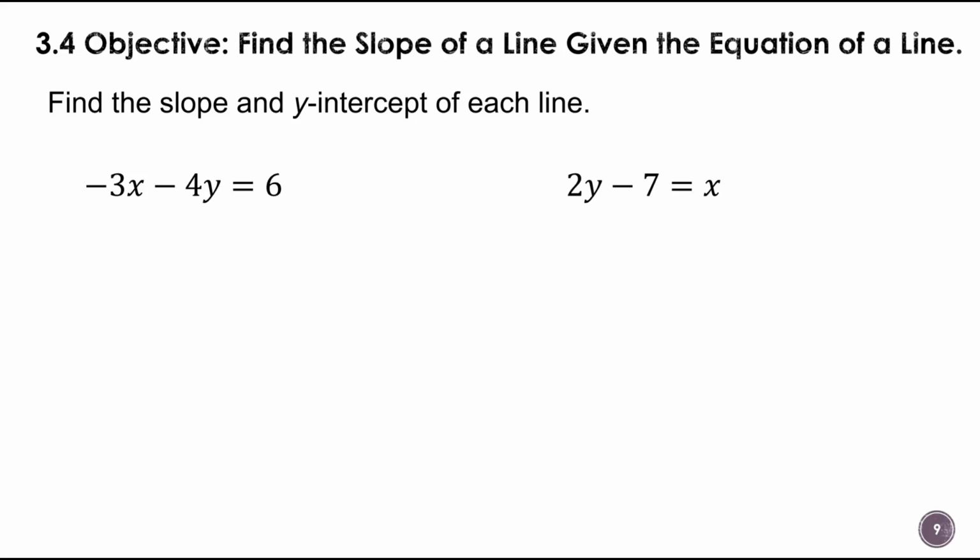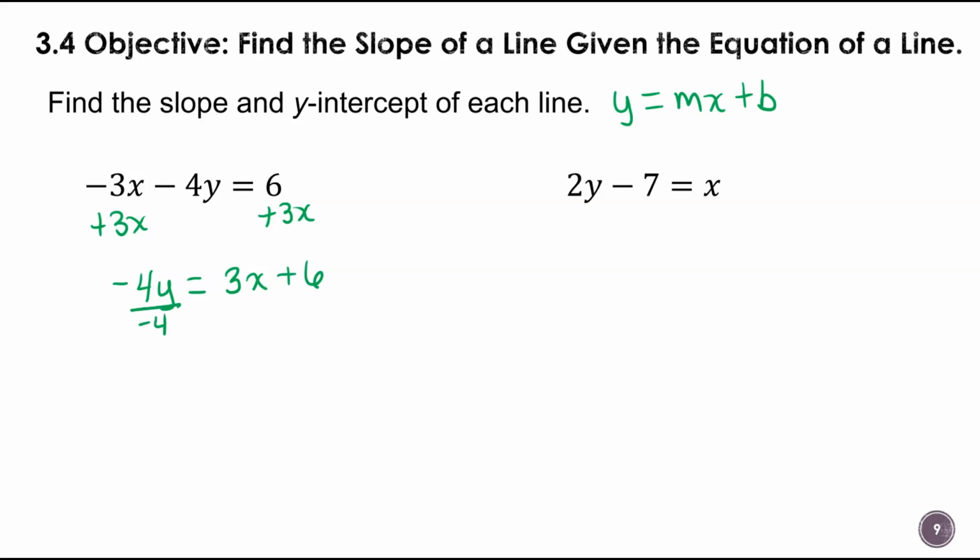So to find the slope and the y-intercept, we are going to solve for y and put it in the slope-intercept form of y equals mx plus b. So on the first equation, I will add 3x to both sides. And that gives me negative 4y equals 3x plus 6.